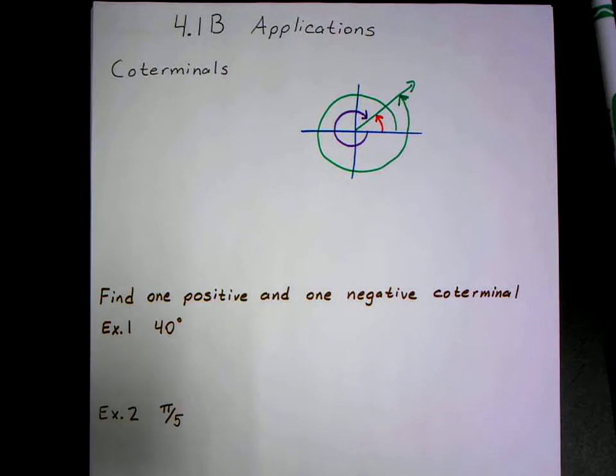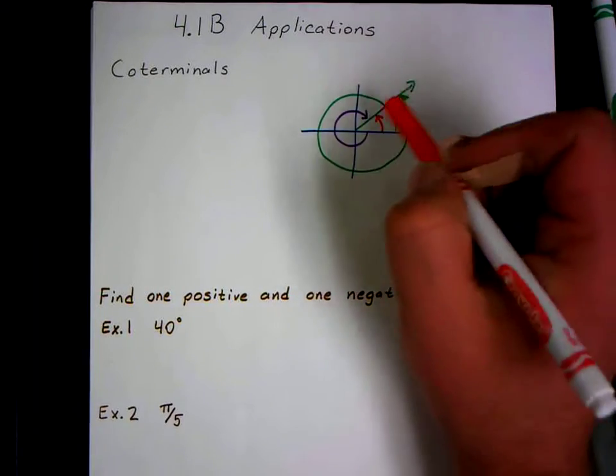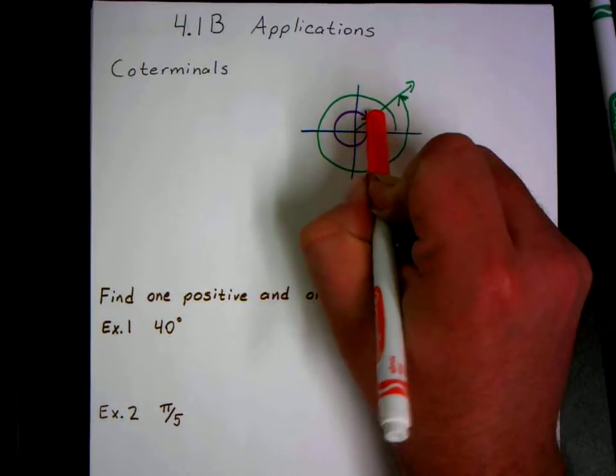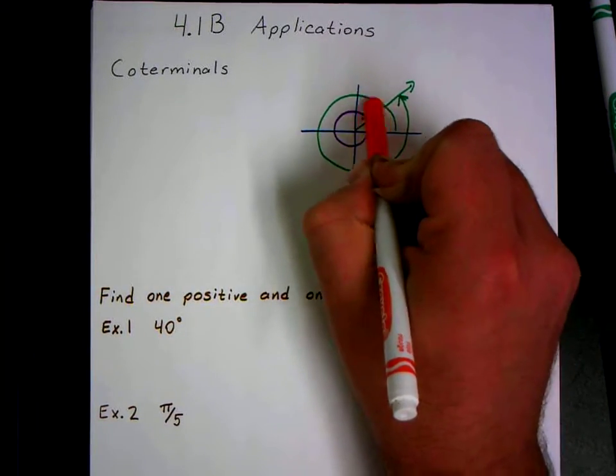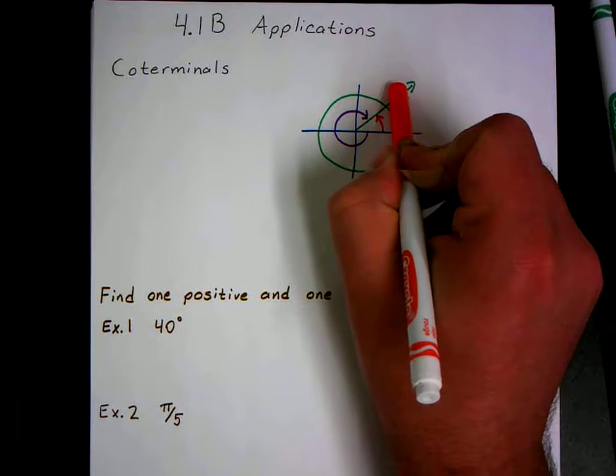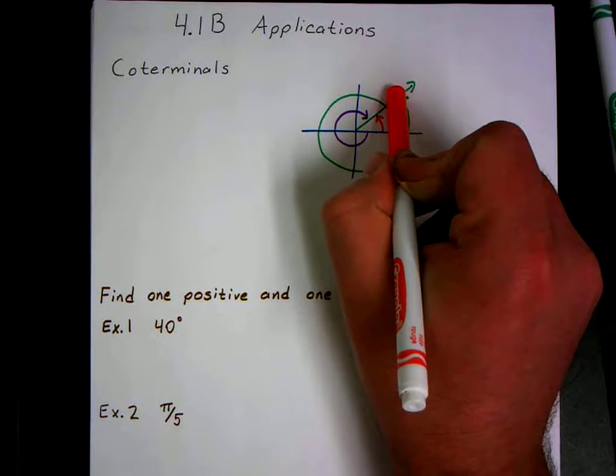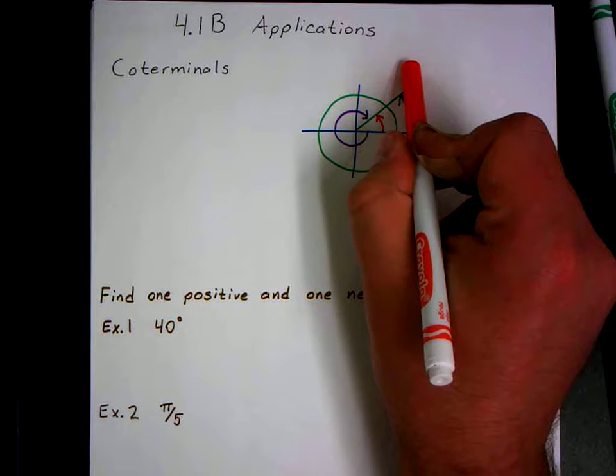What we do to get from one angle to its coterminal is we go around the circle, right? I can get from this angle to the green one by going around the circle once. I can get back to this by going around the circle again.